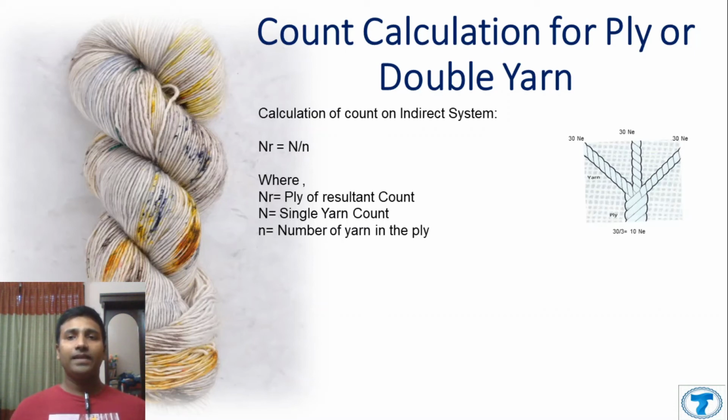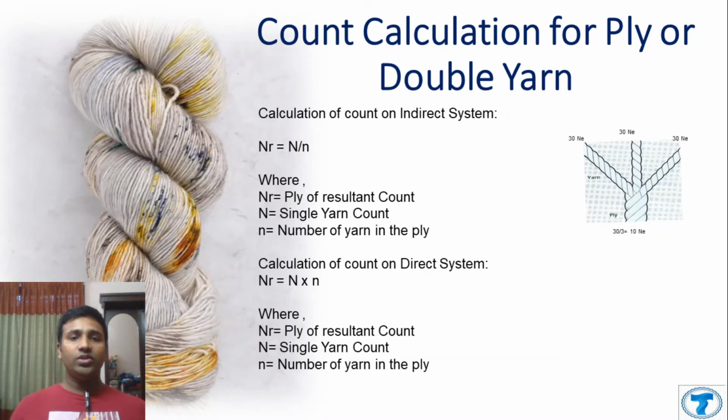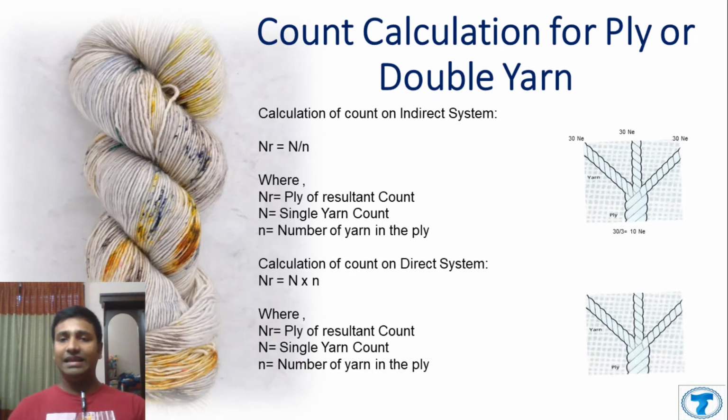If we think about the calculation in the direct count system, the calculation is also easier. The formula is NR equals capital N times small n, where NR equals the resultant count of the ply, capital N equals the single yarn count, and small n equals the number of yarns in the ply. If you want to make one ply from 3 yarns of 20 tex, you just put those numbers into the formula. 20 is the single yarn count and the number of ply is 3, so it's 60.